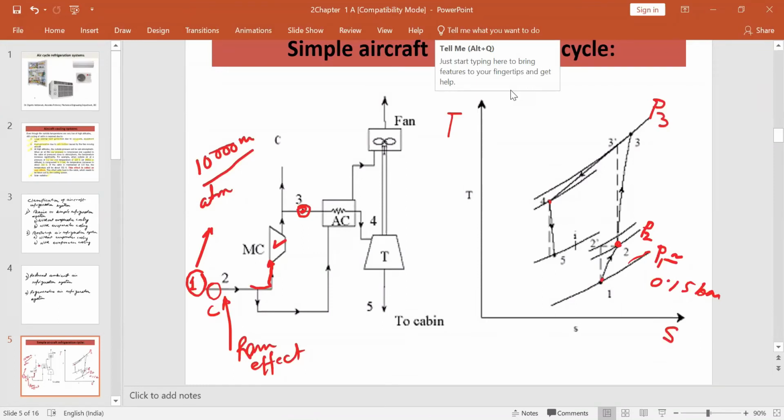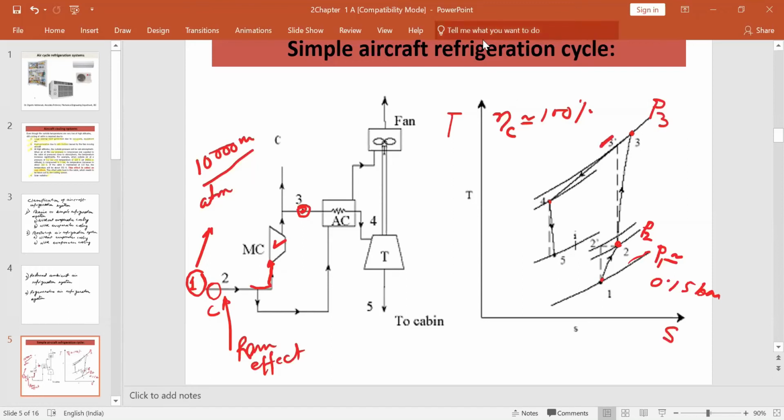But if a compressor efficiency is given, then it will move to 3 in that case. If the compressor efficiency is 100%, then it will move up to 3'. But if it is less than 100%, then instead of 3', it will move to 3. So this is the condition.